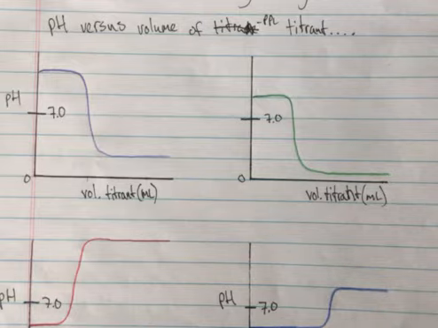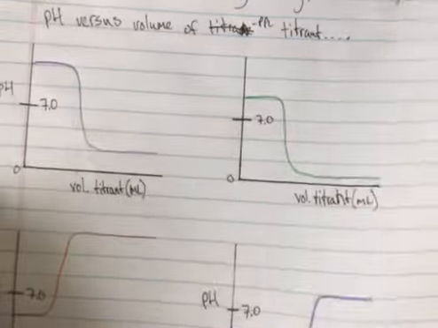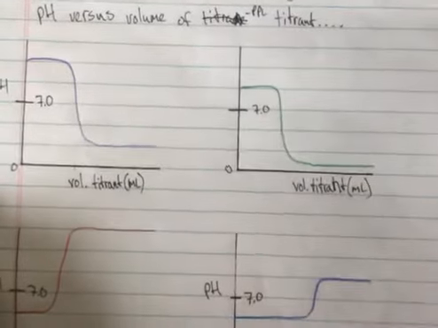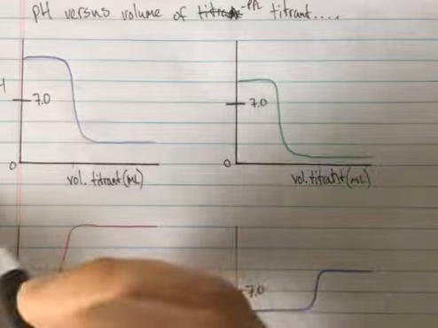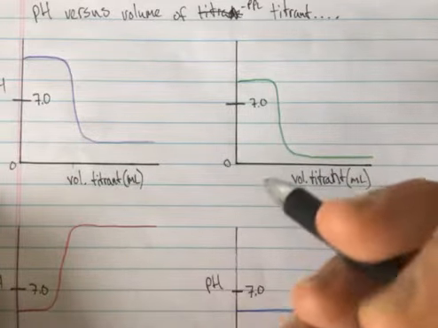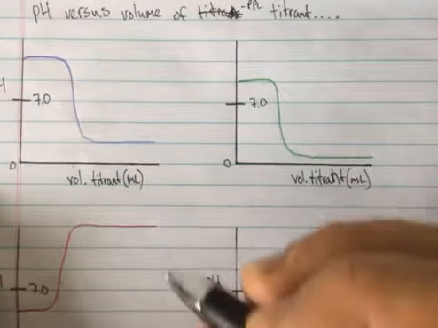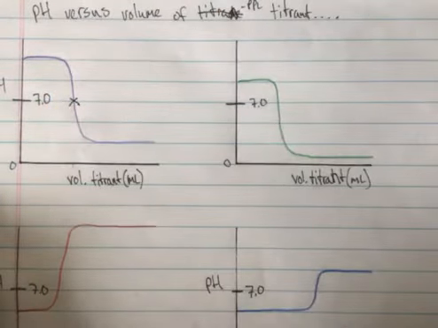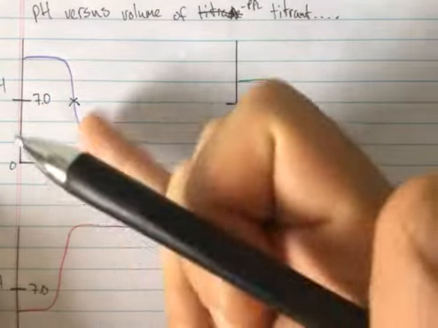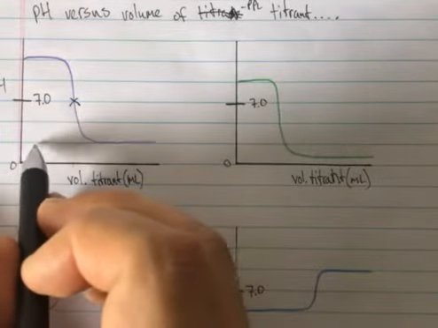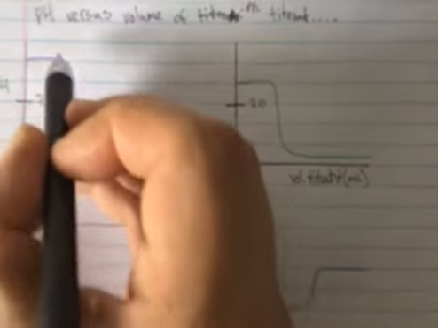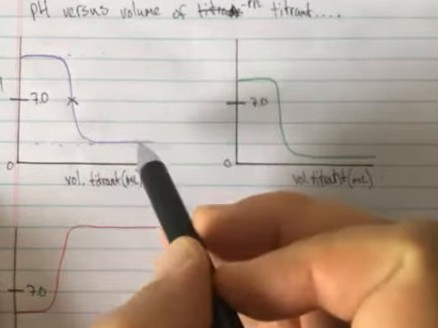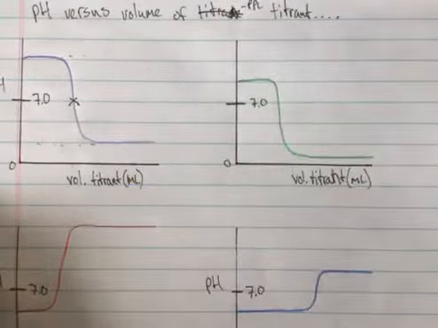So the endpoint is essentially an inflection point. So that's where basically the change in pH is going to be at a maximum. Okay, so let's say right here is an inflection point, right? So it's right there in the middle. If you were to just kind of dash your top and bottom sort of places where things drop out.